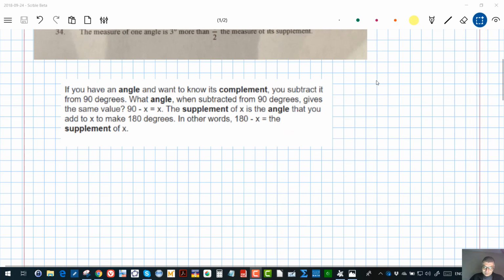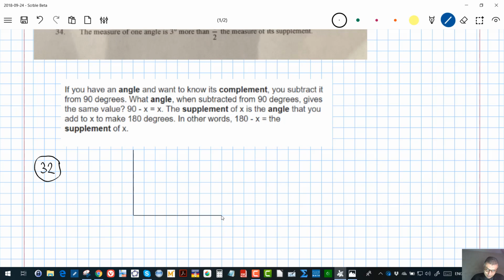So let us draw a picture. 32, we have an unknown angle. First of all, this is the right angle. Here it is.